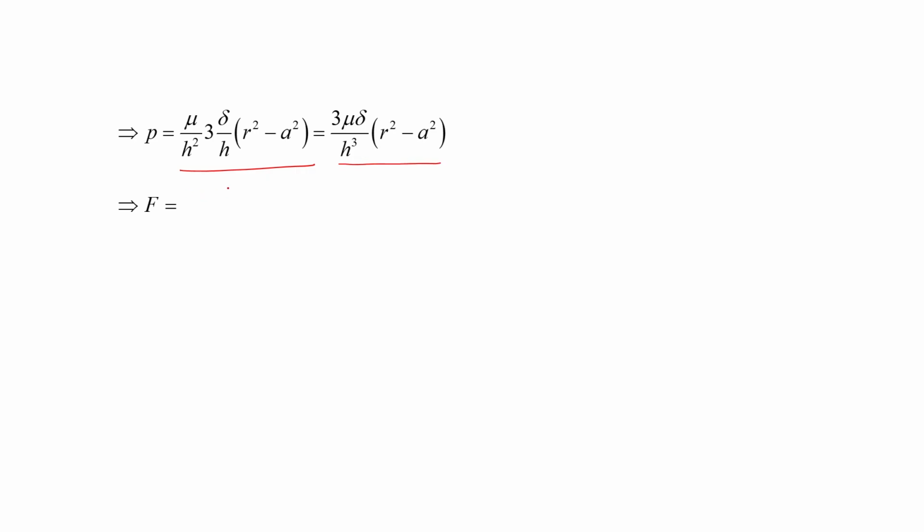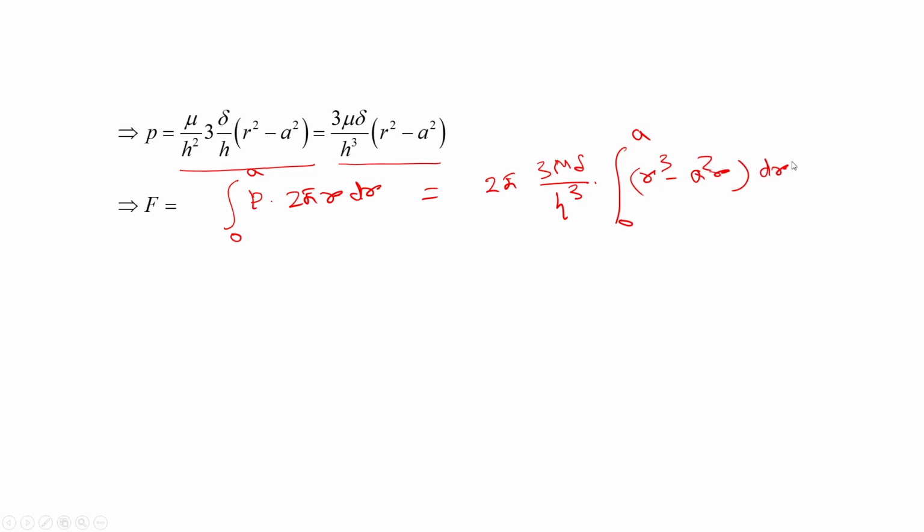So, let me now find out the total load that needs to be applied. That is the integral of p into 2 pi r into dr from 0 to a, and that will be equal to 2 pi into 3 mu delta by h cube, integral from 0 to a of r square minus a square into r dr. So, this is equal to 3 mu, so that is 6 pi and then mu into delta by h cube.